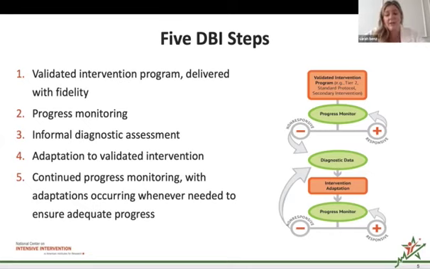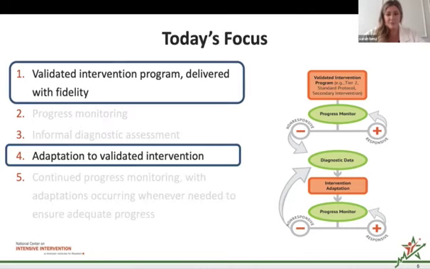So we take the hypothesis, the educator's expertise, and really kind of individualize the intervention, adapt it to meet that student's individualized need. And then step 5, you continue progress monitoring it, and really using the data to determine, did it work? If it did work, great. If not, you go back up to figure out in step 3, that diagnostic data piece.